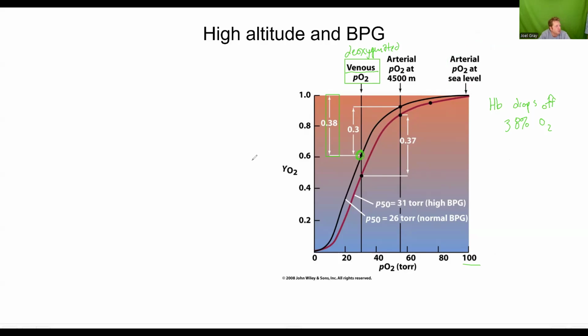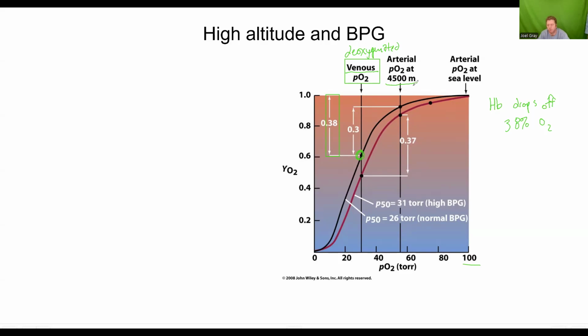Now, if you decide to travel to the Mile High City, or if you want to go to Rocky Mountain National Park or something like that, well, chances are that you're going to go to a place that has an elevated altitude of approximately 4,500 meters. That would be close to 2.5 miles up. So certainly not Denver, because Denver's the mile high city.